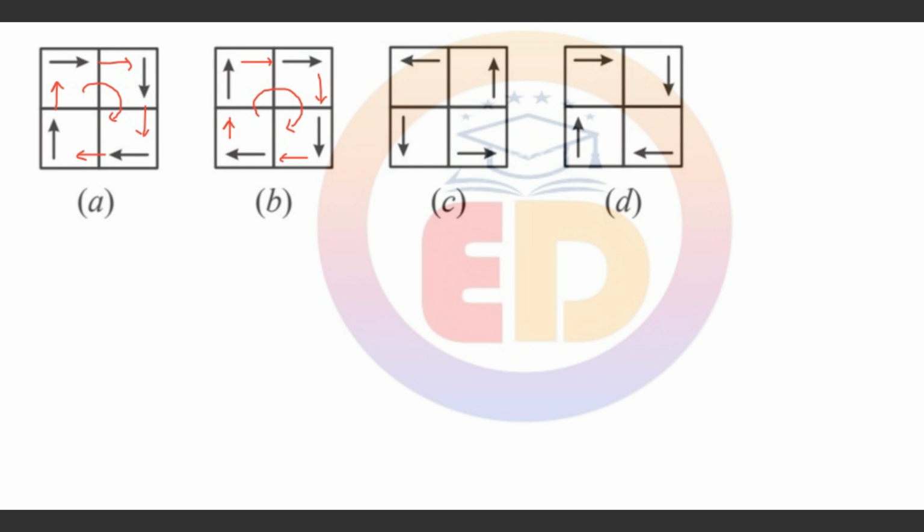In the third figure, the arrows are moving in an anti-clockwise manner. And in the fourth figure again they are moving in a clockwise manner. So our answer will be option C.